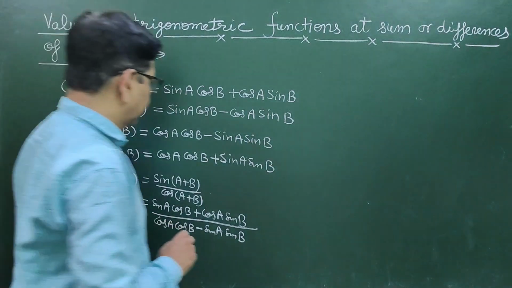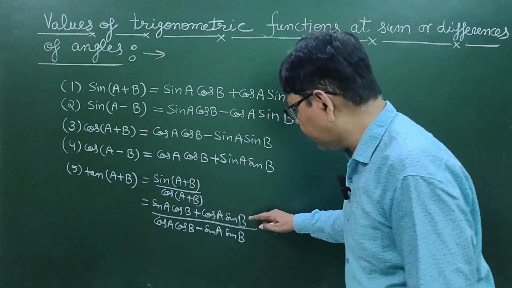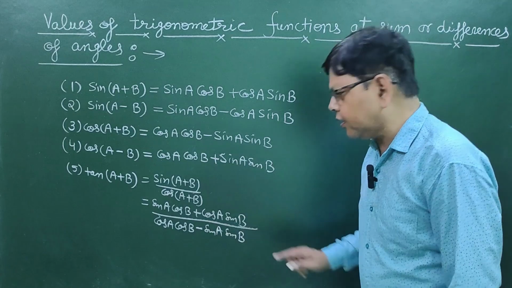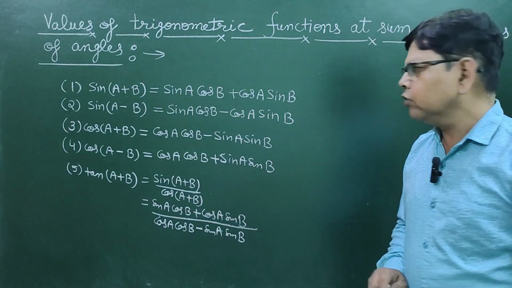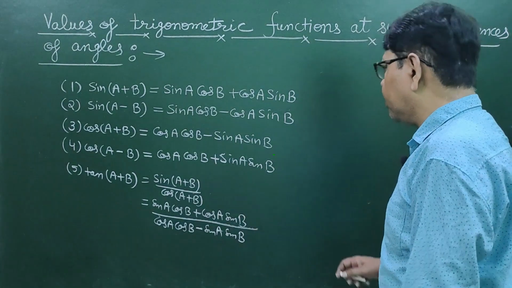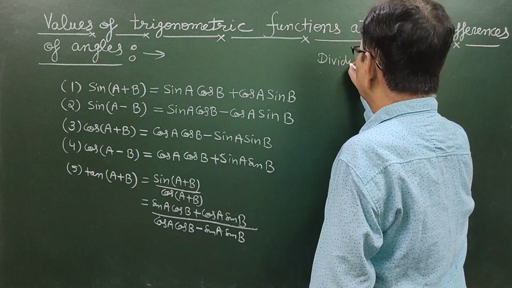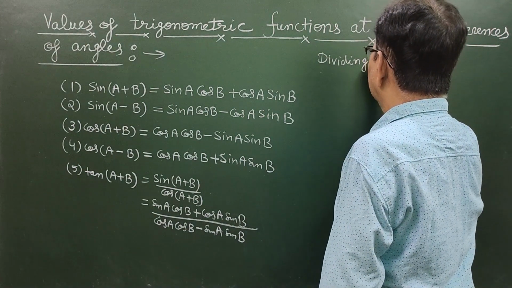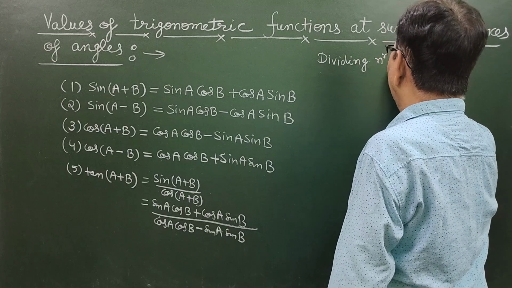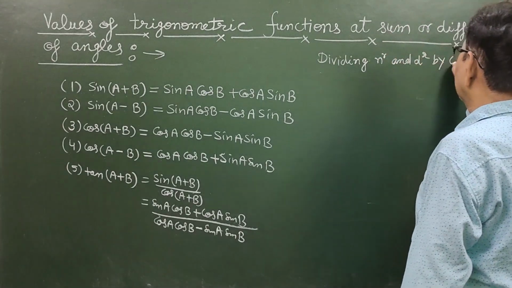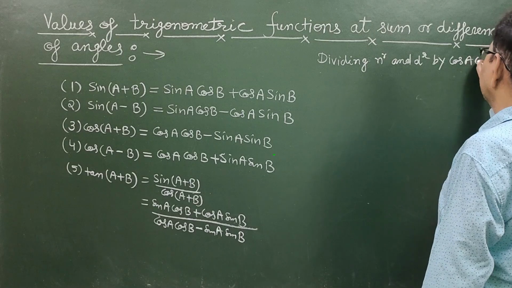Now if we divide the numerator and denominator by cos A cos B, the numerator and denominator are converted into tan.